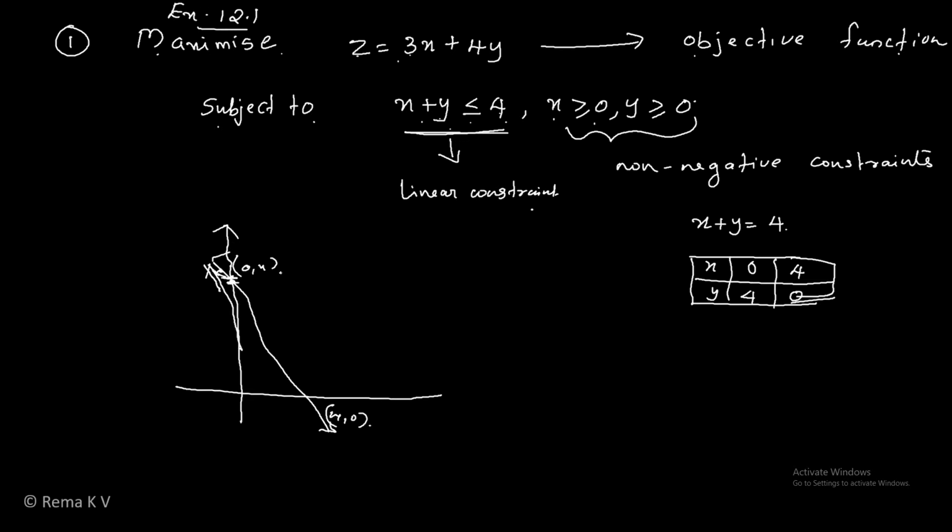You have to find which half plane represents x plus y less than or equal to 4, the upper half plane or the lower half plane. Which one is the solution region for x plus y less than or equal to 4? Upper part of this line or the lower part?